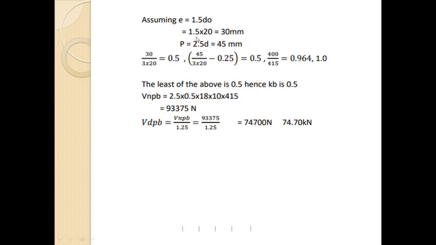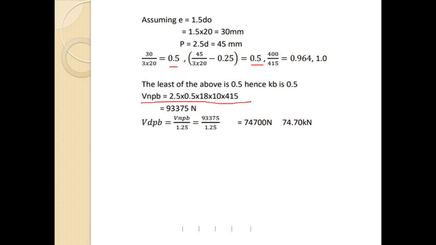D0 we know, so 1.5 multiplied by 20 is 30 mm, and P is the minimum pitch, that is 2.5 D, where D is the diameter of bolt. So 18 multiplied by 2.5 is 45 mm. So we put these values in these formulas and calculate the value of KB. The minimum value of KB is 0.5. So we take KB equal to 0.5.